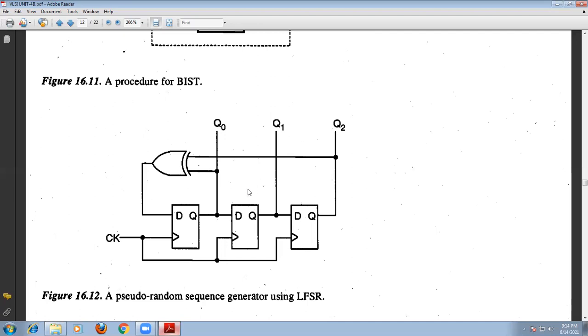In this case, we are going to use a compression technique. The main drawback of this compression technique is that there is some loss in the fault coverage.